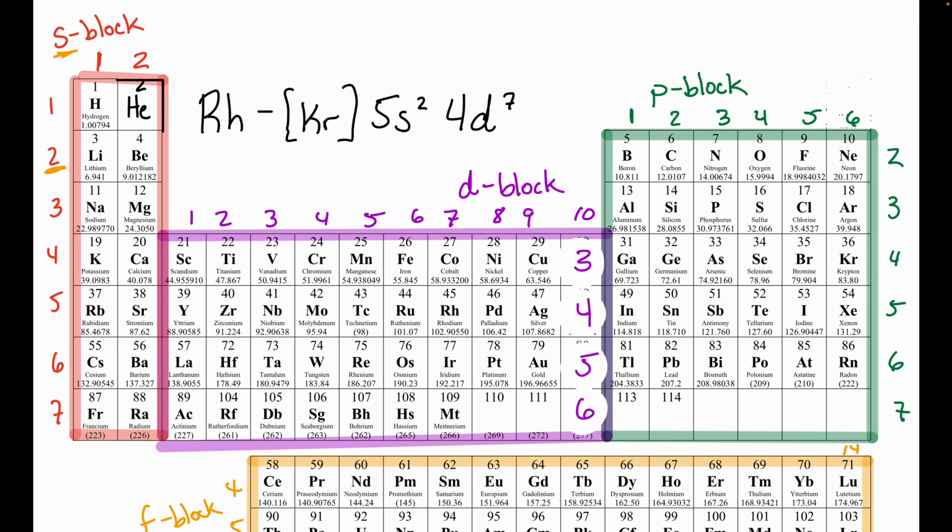Cool. So we have these electron configurations. They tell us where electrons live in our atom. We can use these noble gas abbreviations. There are these two pain-in-the-butt exceptions to these filling rules, what we call the d4 and d8 exceptions.